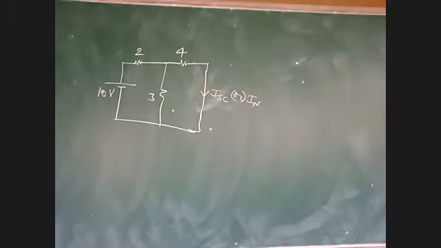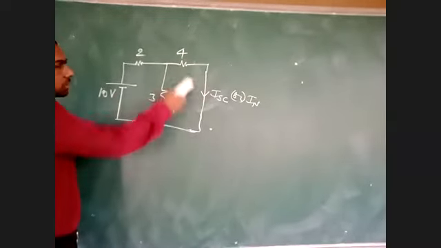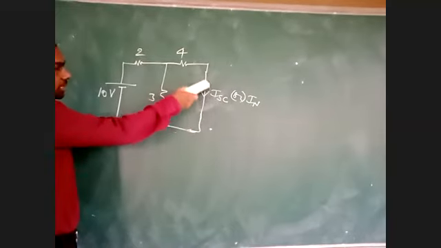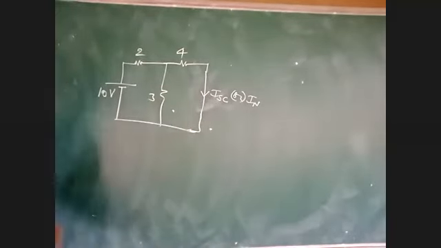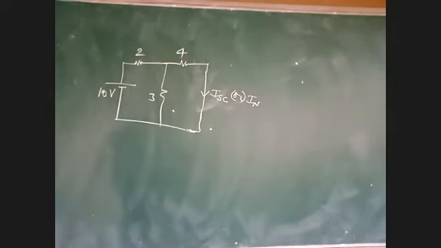Now I want to determine the current in this branch, that means in 4 ohms. 4 is in series with this branch. I can apply mesh analysis or node analysis. Which one do you want to apply? Mesh analysis.